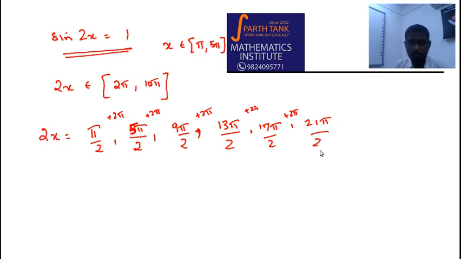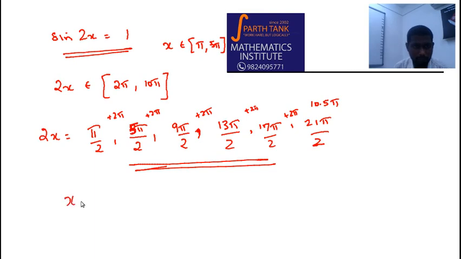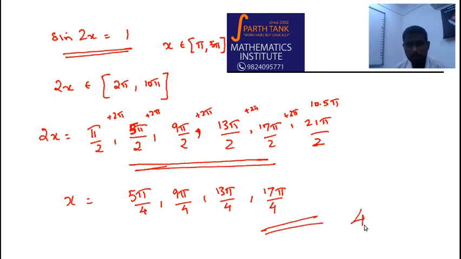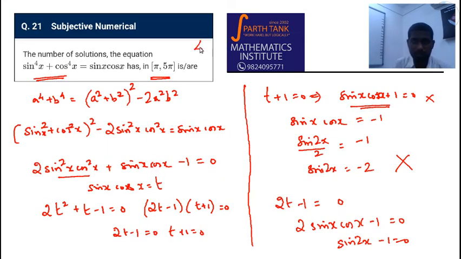Now you see 21 pi by 2 is 10.5 pi, which is greater than 10 pi, and pi by 2 is less than 2 pi. So only these 4 solutions for 2x lie in this domain. So the values of x that are admissible would be 5 pi by 4, 9 pi by 4, 13 pi by 4, and 17 pi by 4. So there are 4 solutions possible. The answer to this first question is number 4.